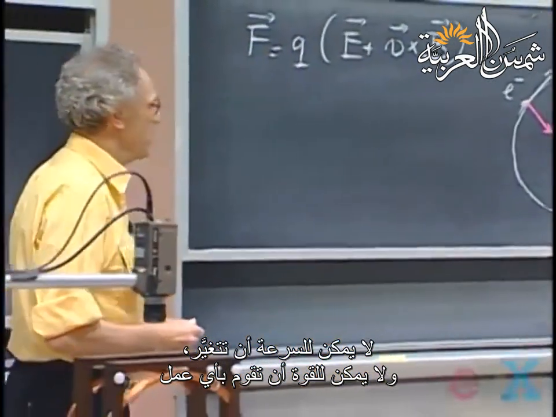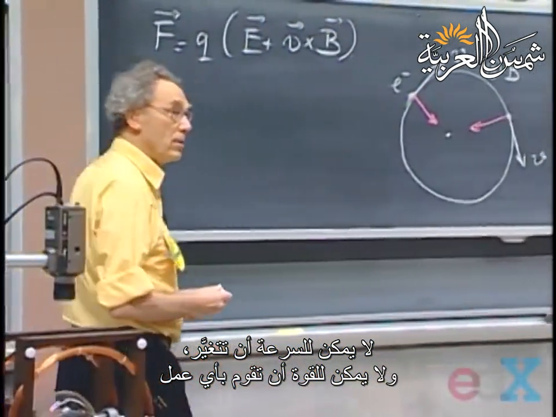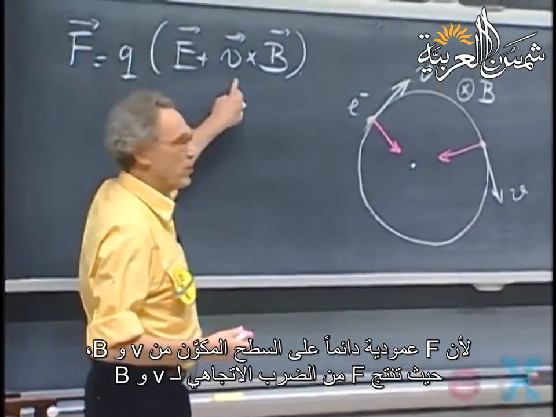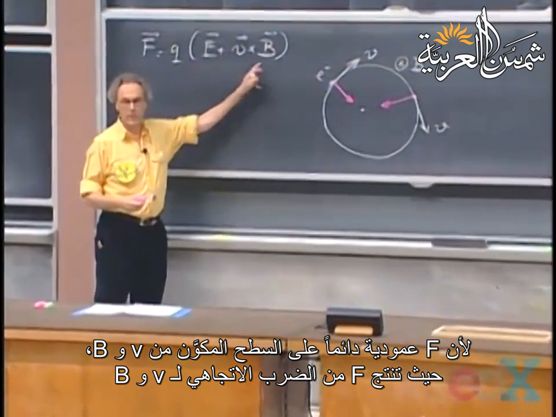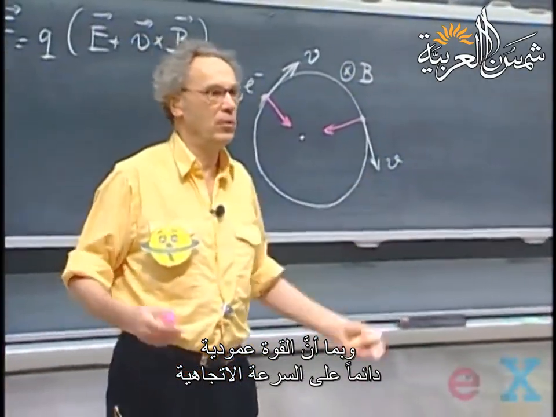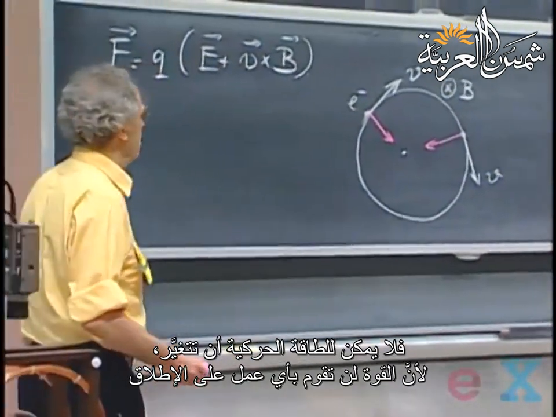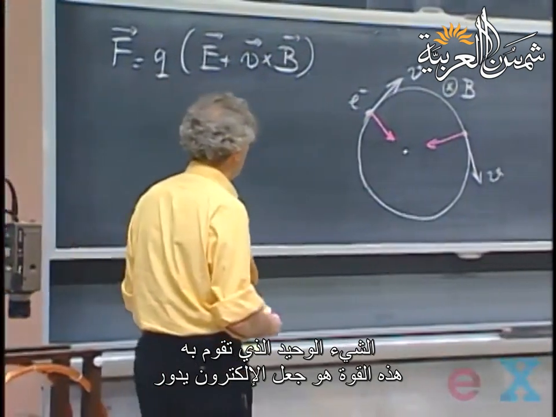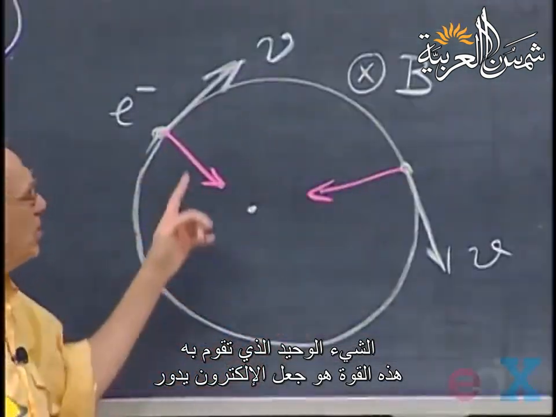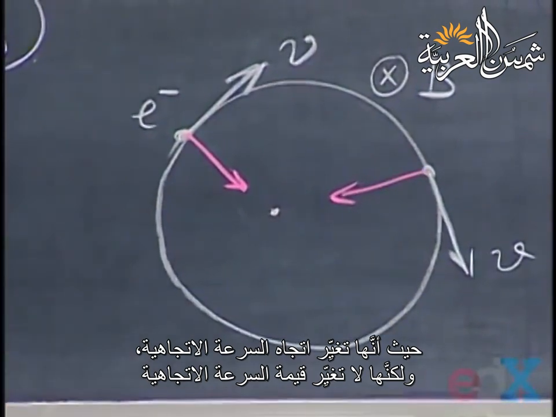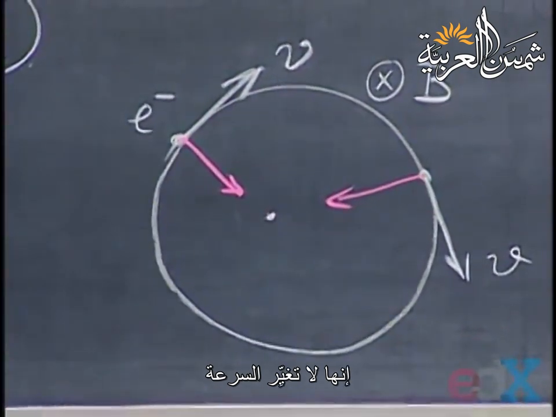The force cannot do any work, cannot change the kinetic energy, because F is always perpendicular to the plane through V and B, because it's a cross product. And since the force is always perpendicular to the velocity, you cannot change the kinetic energy because you're never doing any work. The only thing that the force is doing is make it go around. It changes the direction of the velocity, it doesn't change the magnitude of the velocity. It doesn't change the speed.